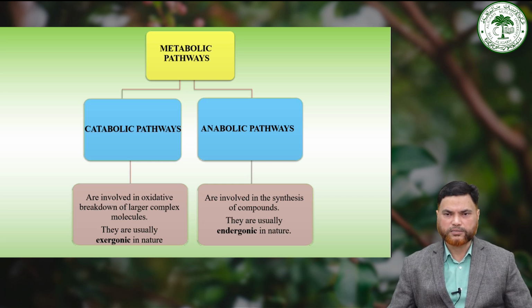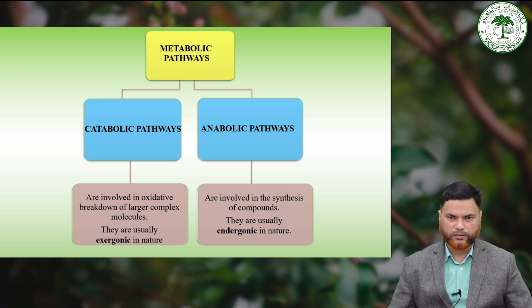And these anabolic pathways generally use energy stored in ATP to drive the synthesis of macromolecules like proteins, nucleic acids and cell membranes. We would like to share some examples of anabolic processes like protein synthesis, DNA replication and the synthesis of complex carbohydrate, that is glycogenesis. And these anabolic pathways are very much essential for growth, repair and maintenance of cellular functions.